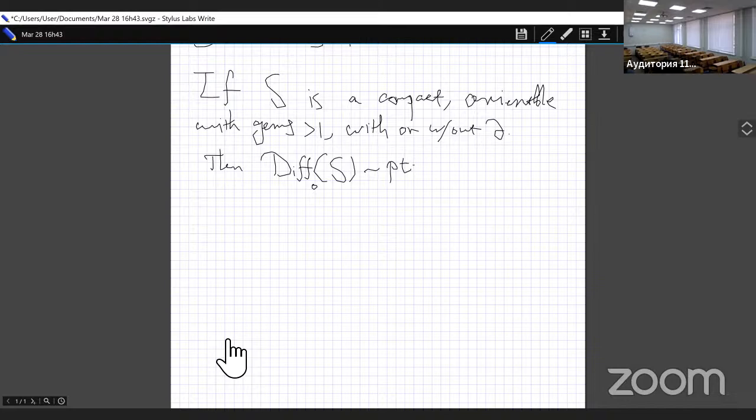So actually, what we need is the Euler characteristic to be less than 0.